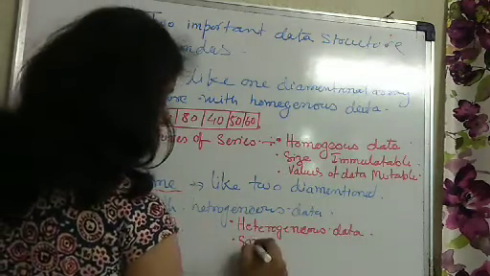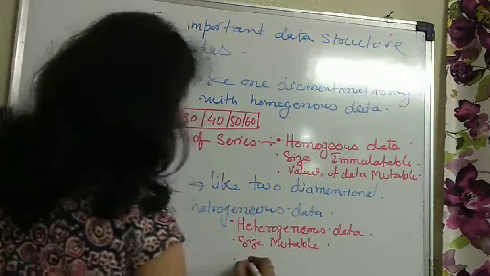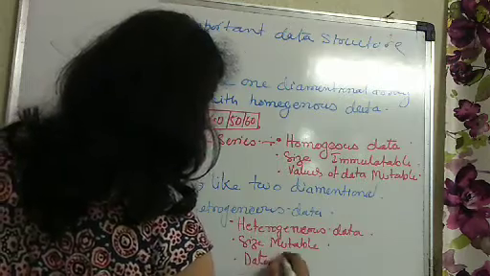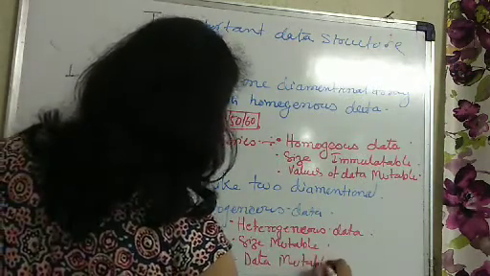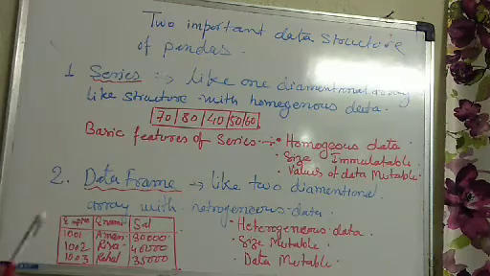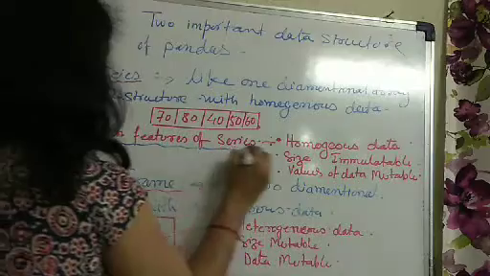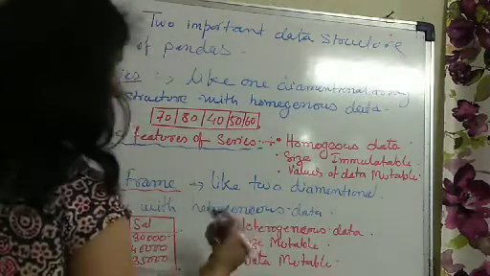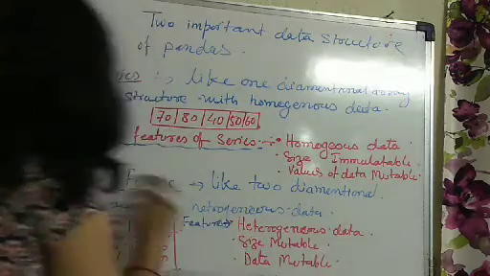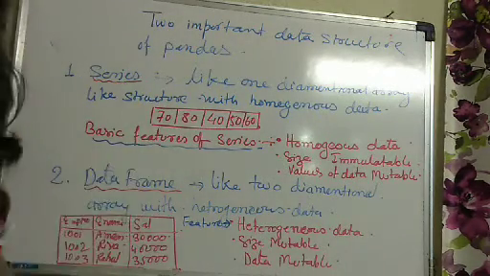Size is mutable, which means size can be changed, and the values of data can also be changed, so data is also mutable. Clear? So this is the feature of the data frame, and this one is the feature of series. You can see that series is homogeneous data.